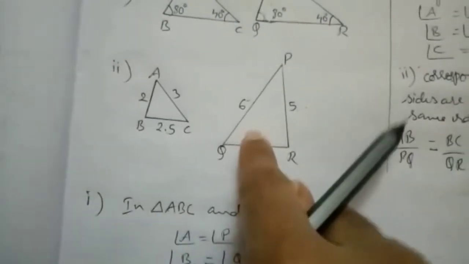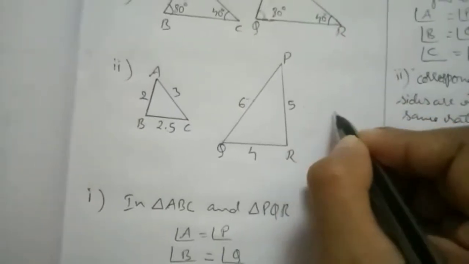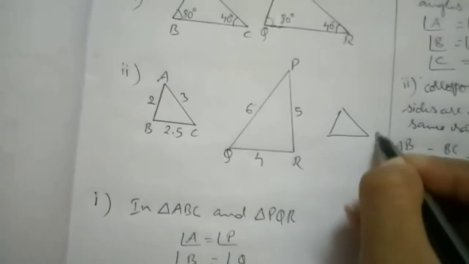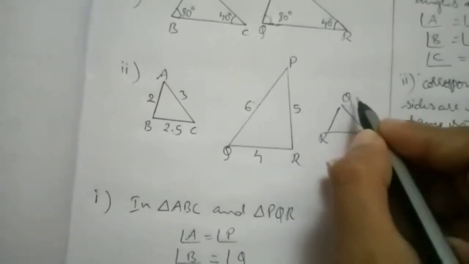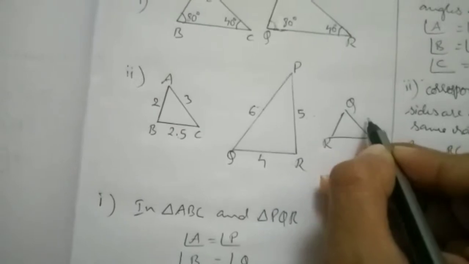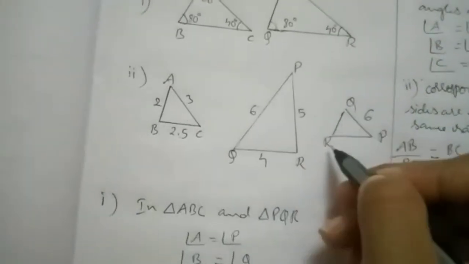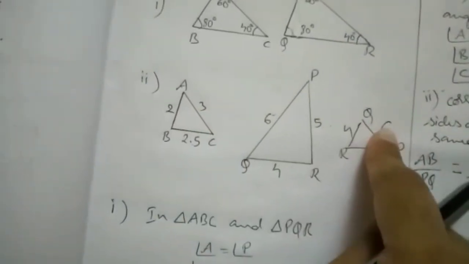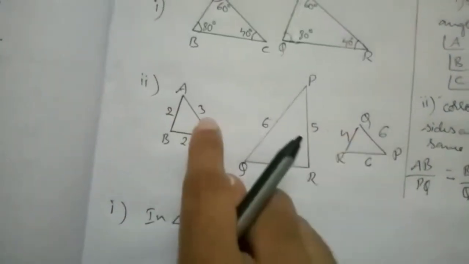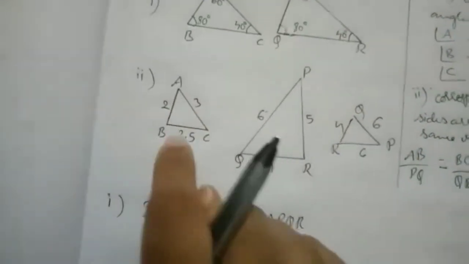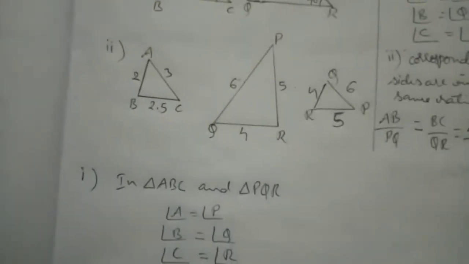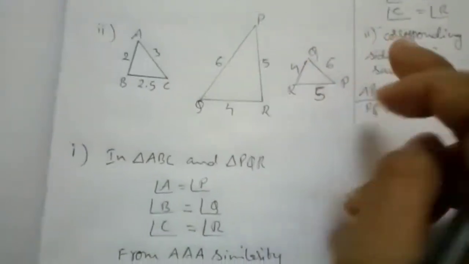In triangle PQR, PQ is 6, QR is 4. Now you can see 2 and 4, 3 and 6 are multiples. 6 is a multiple of 3. And 2.5 and 5.